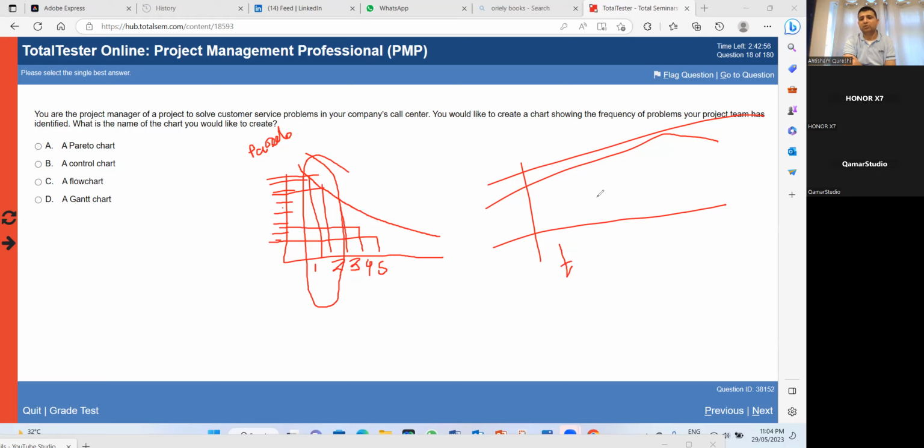Your process moves between an upper limit and a lower limit, so it looks pretty stable, but it doesn't show you the frequency of the problem your project has identified. I hope you understood now, right?